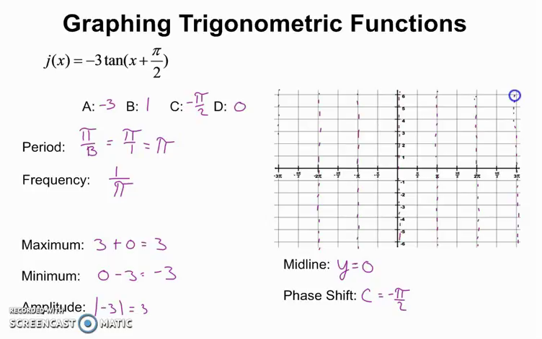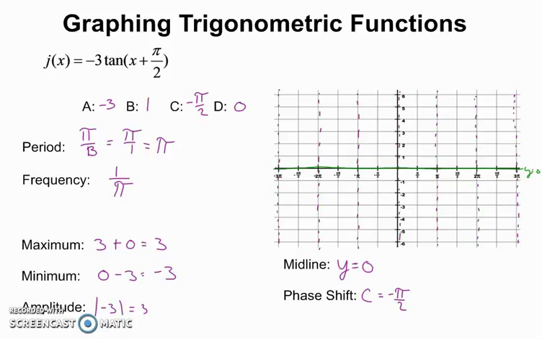And so that's the last of my vertical asymptotes. So next I'm going to throw the midline in there, which is straight across the middle of the graph. Okay, it's our x-axis. And then we start to graph it.